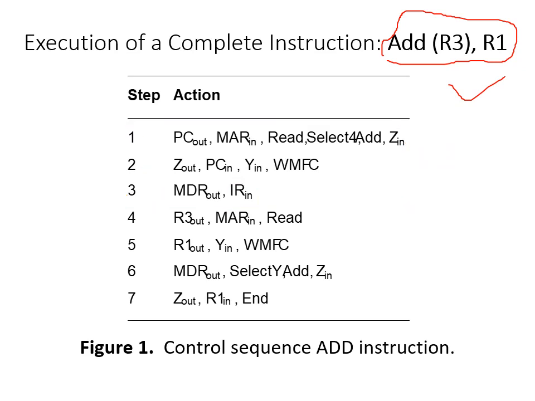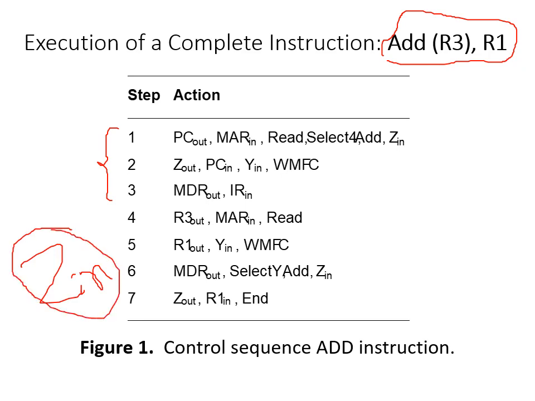Now what is the use of the first 3 clock cycles being the same in every instruction? Let us see Z in; we can take any basic step, but we'll concentrate on Z in. I'm talking about designing a circuit which generates the control signal for Z in and activates the Z in circuit, which physically executes Z in, opens Z in, and allows the ALU to store its data in the Z register. That is very clear.